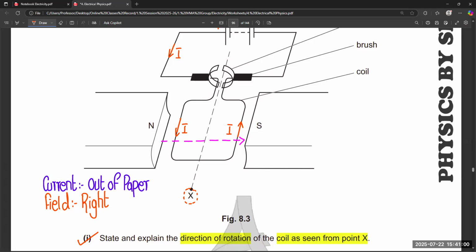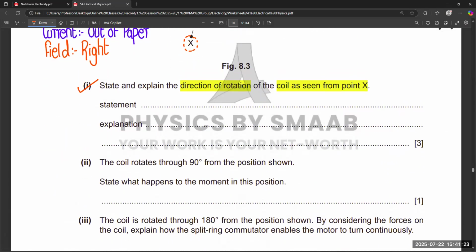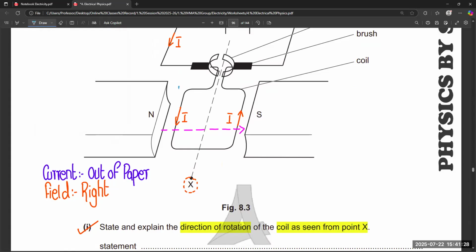So that is the direction from Fleming's left hand rule. The explanation will be the same. Statement: direction of force is upward from the left hand side and downward from the right hand side.